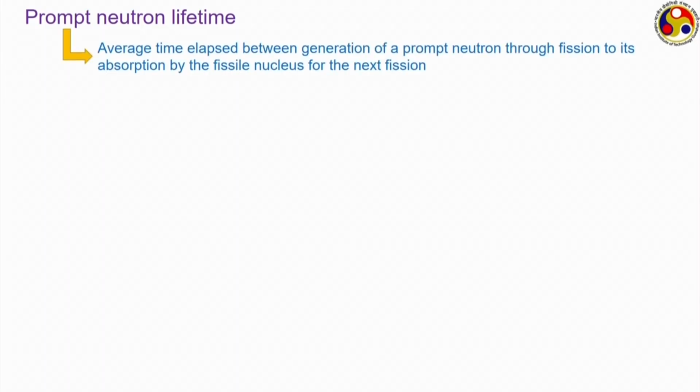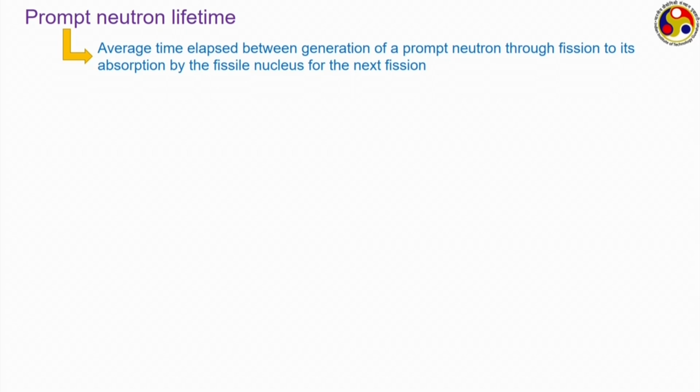Now, let us define the prompt neutron lifetime. Prompt neutron lifetime is defined as the average time elapsed between the generation of a prompt neutron through fission to its absorption by the fissile material for the next fission. That is, the moment a prompt neutron appears from a fission reaction, we start calculating this lifetime.